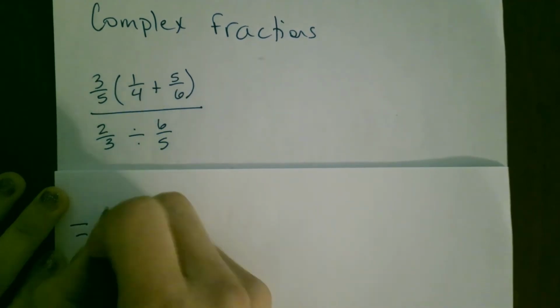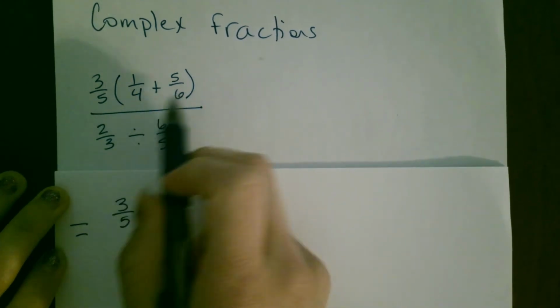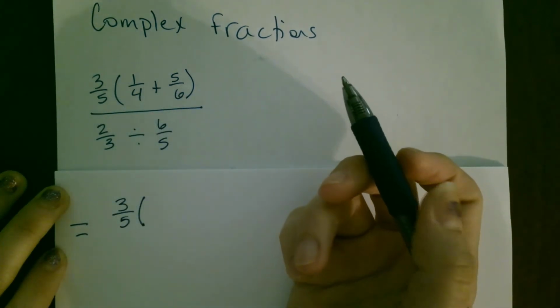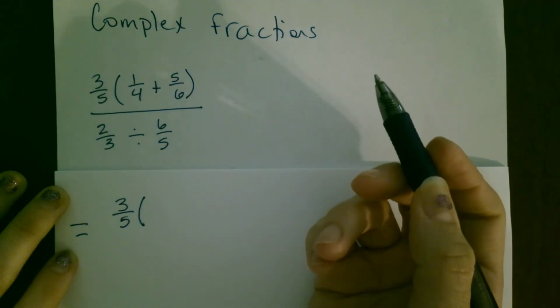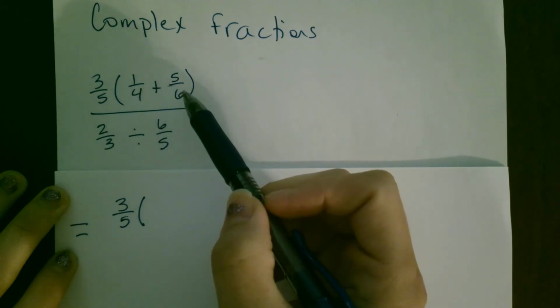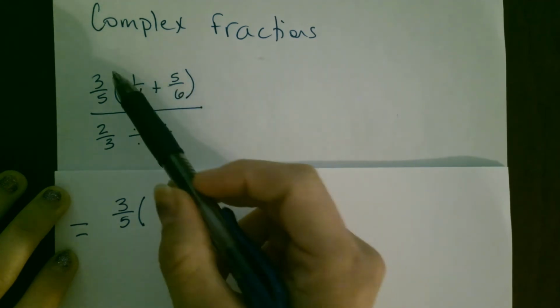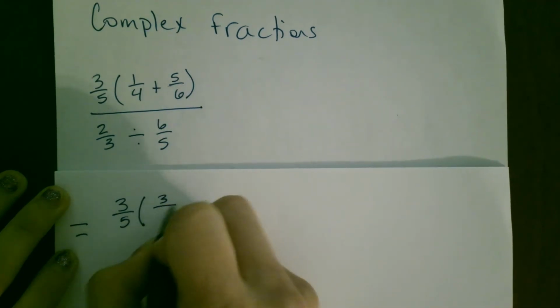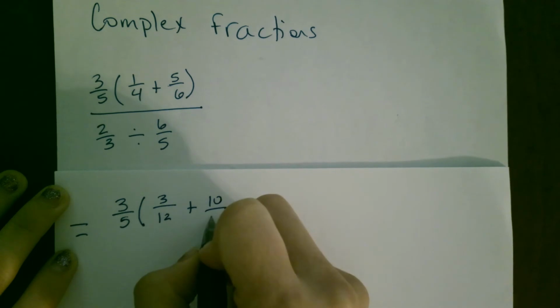So I'm going to have 3/5 times... When we're adding fractions, I do need a common denominator. Out of 4 and 6, my common denominator is going to be 12. So rewriting my original fractions with equivalent fractions with the common denominator of 12, 1/4 becomes 3/12, 5/6 becomes 10/12.